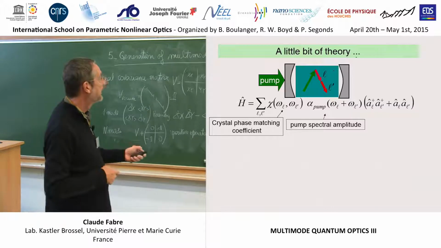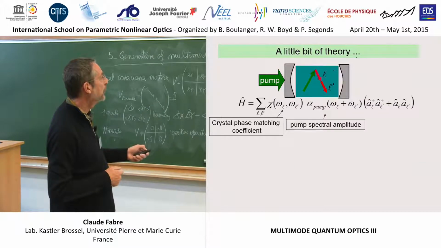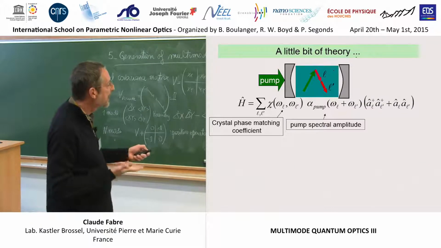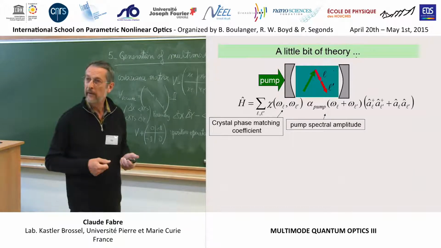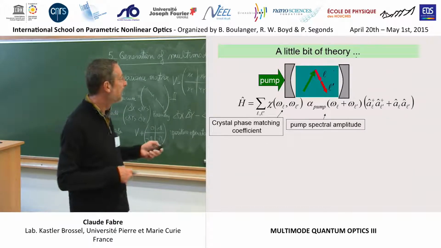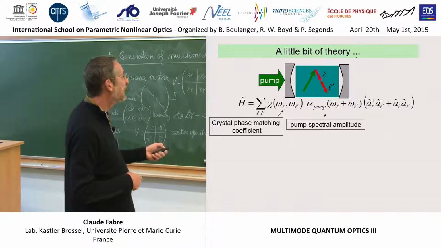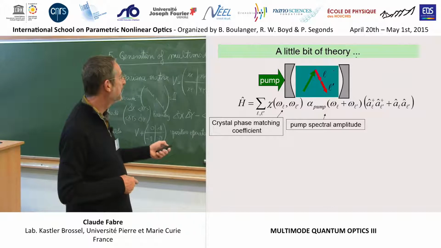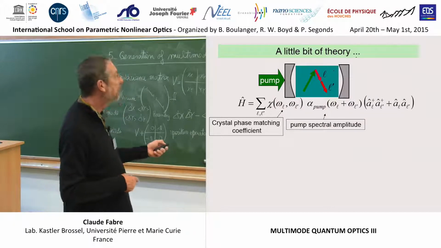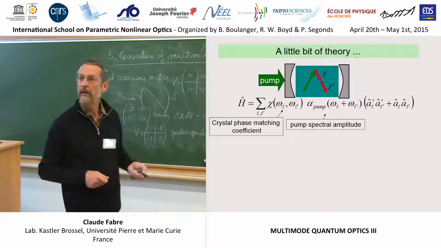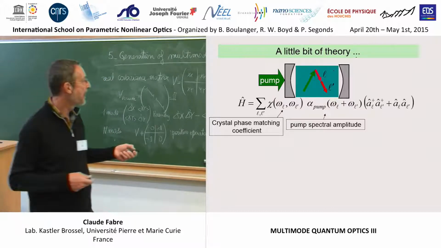So I will create a photon in mode L and a photon in frequency L prime. This is twin photon generation, and this will be obtained if I have a pump component at the sum of the two frequencies. So it's proportional to the amplitude of the pump field at the sum frequency. Okay, this is energy conservation.